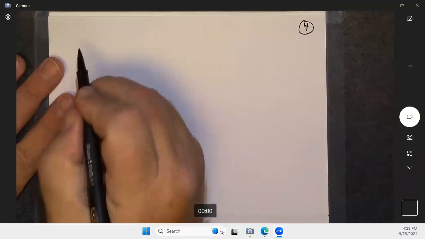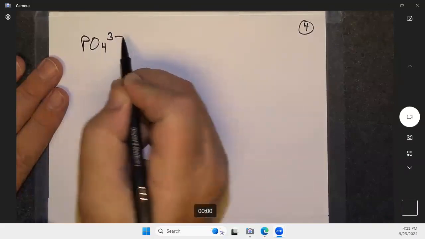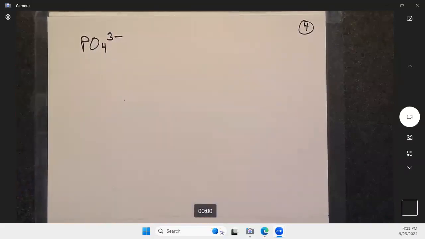Let's take this phosphate ion. Now, what is phosphate ion? Does it have the possibility of being a weak acid? We know it's not an acid, right? There's no acidic protons out front. We just went through the equilibrium for phosphoric acid.